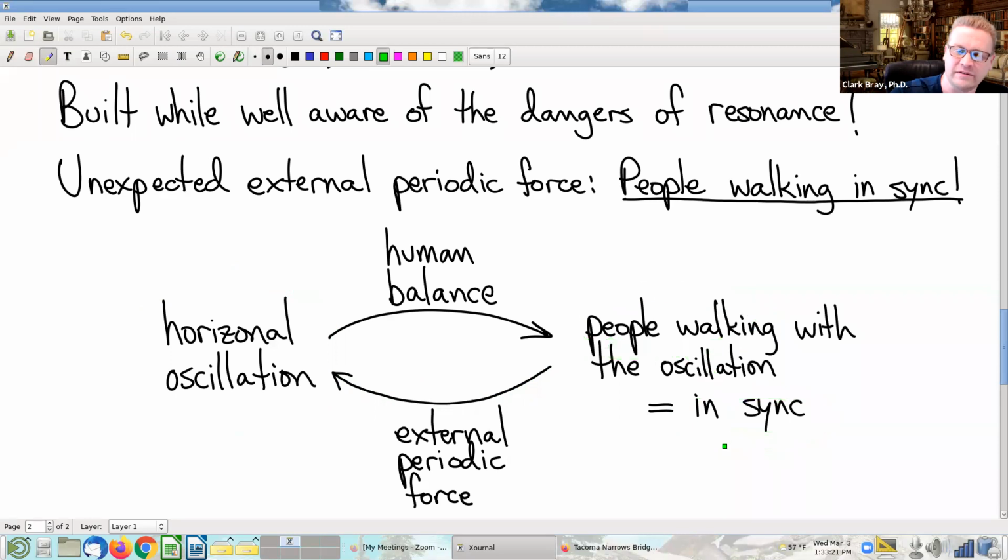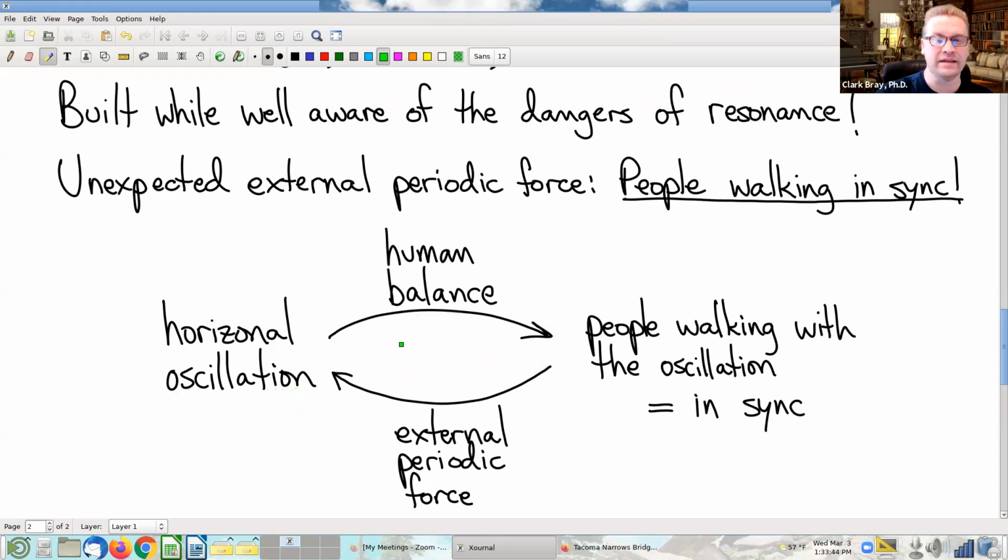So you can see we have this feedback system here, right? And there's a chicken and egg question of, what started it all? Were the people walking in sync first, and that started the oscillations? Or was there just a little bit of an oscillation and that caused people to therefore walk in sync? It doesn't really matter in some sense.